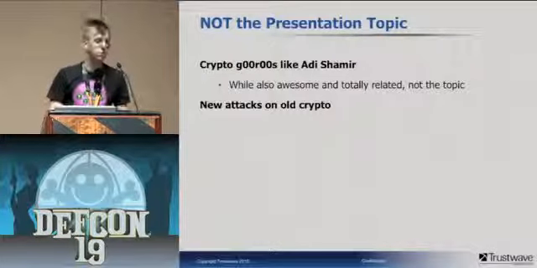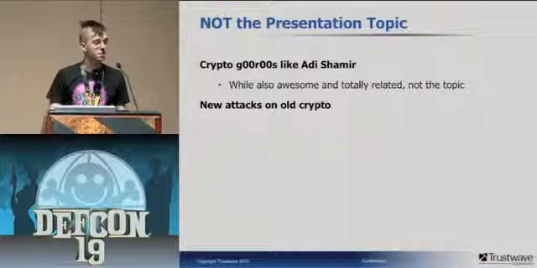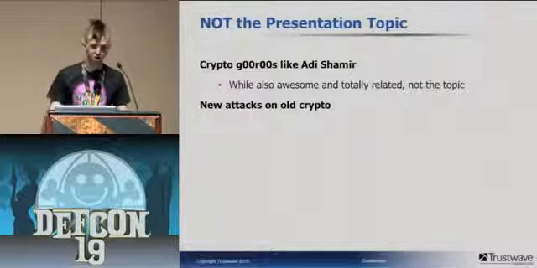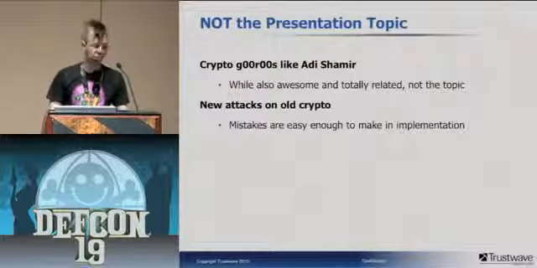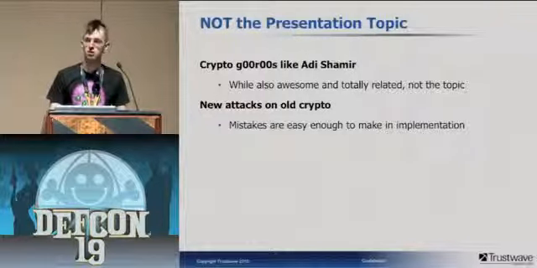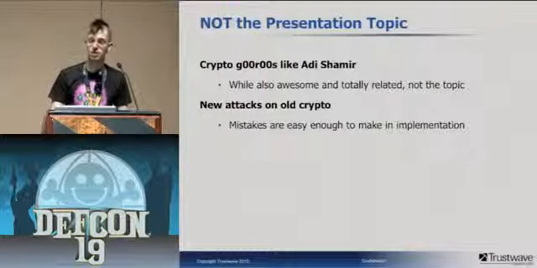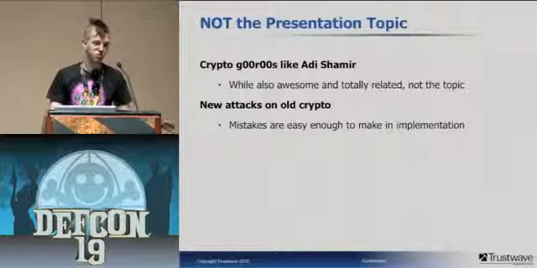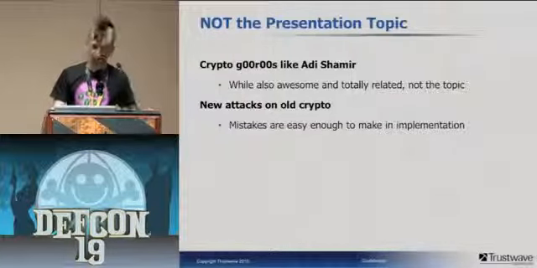We're not talking about new attacks on old crypto. I will be clarifying some details on the default encryption algorithm in ColdFusion, but that's not exactly a new attack. That's already known. It's just I've never seen it made public. I wasn't able to find any public details on why Adobe says this is a weak cipher. No, stay away.